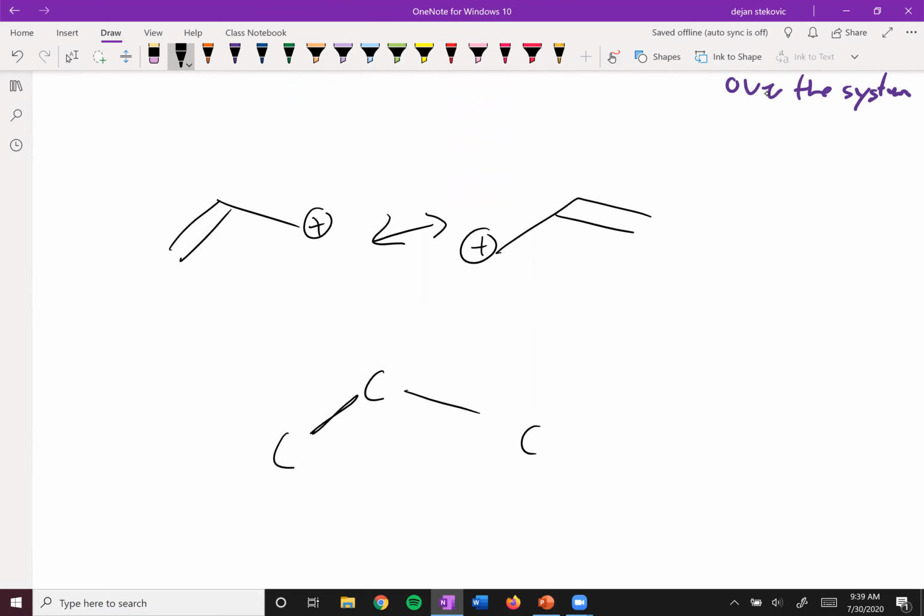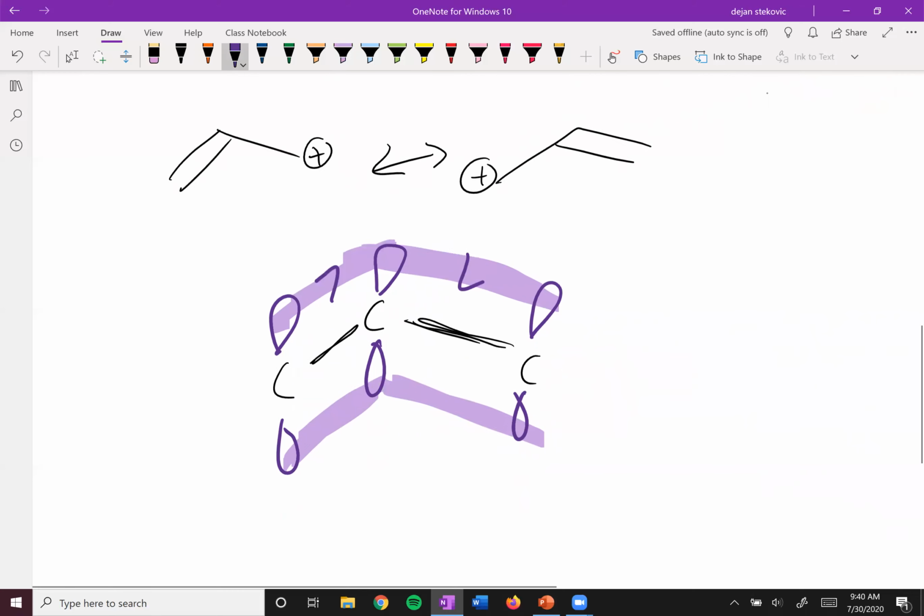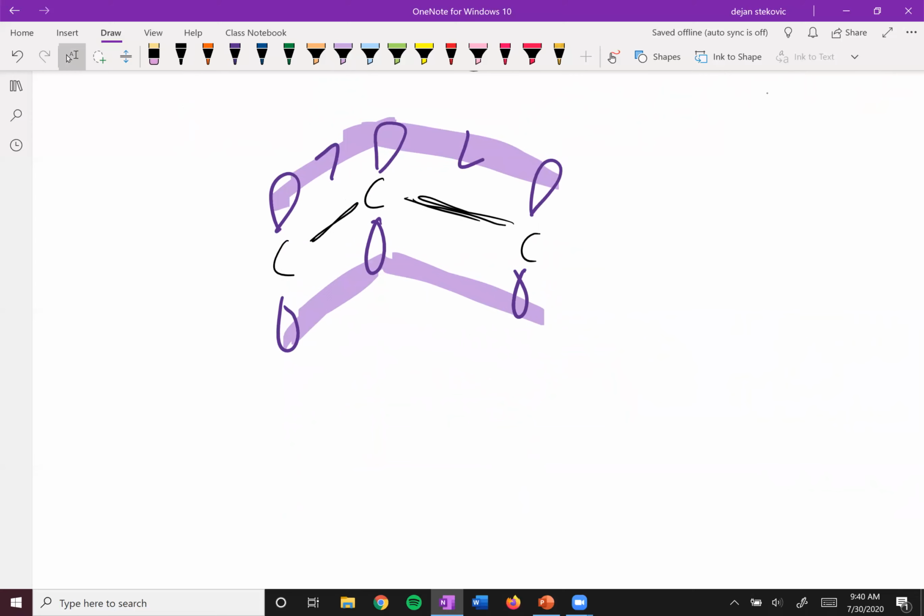We have some sigma bonds. And then we have some pi bonds. And the electron is delocalized over these pi bonds. Something like that, right? And so our Lewis structures don't completely show that. Our skeletal structures don't completely show that.